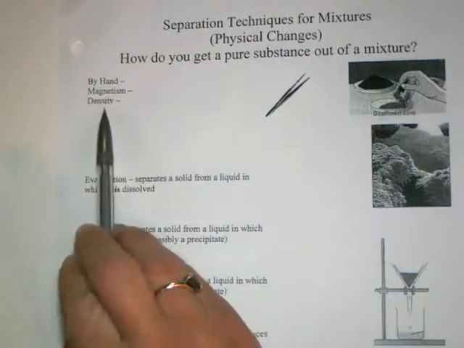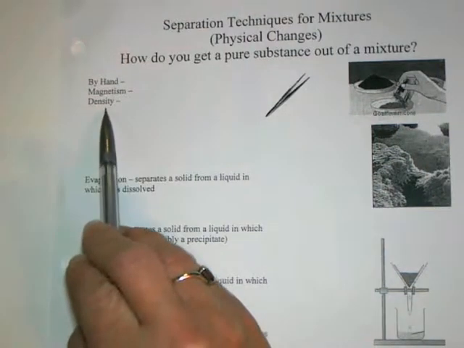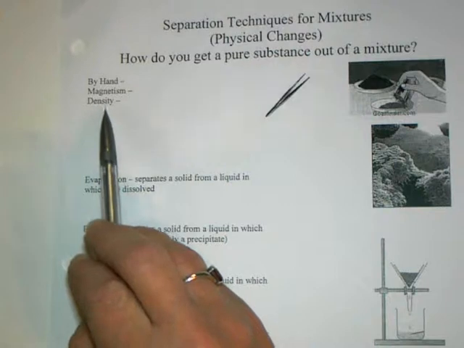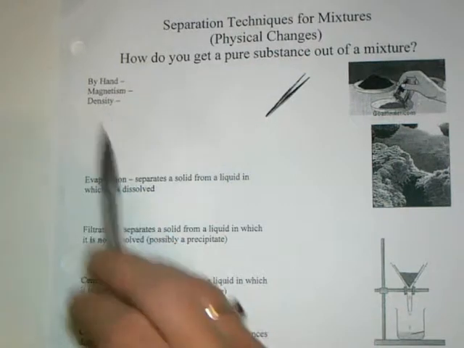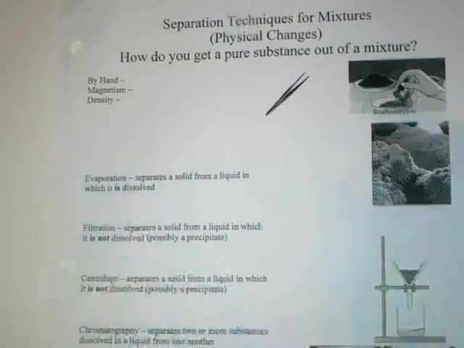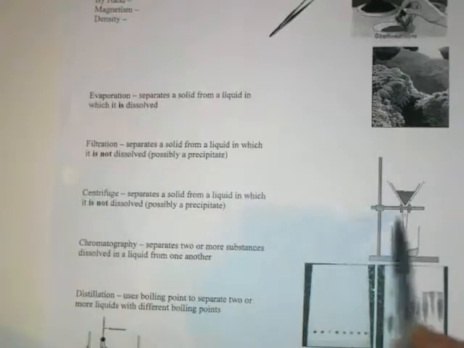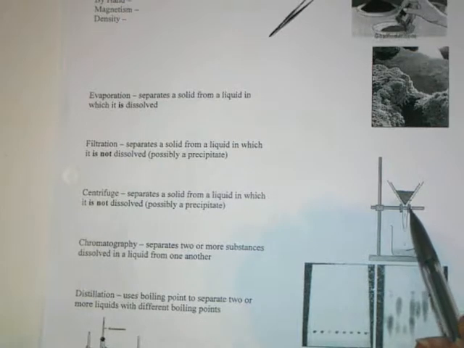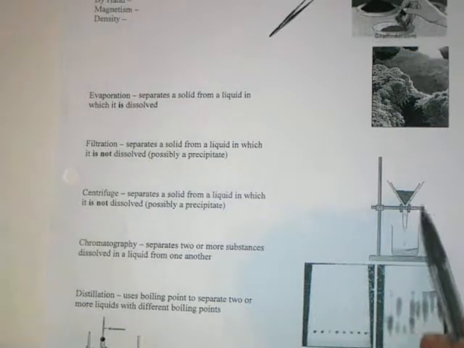You could utilize density to separate sand from water by allowing gravity to pull the sand crystals down. That's also separating based upon size, which would happen with a filter. We could separate a precipitate from a liquid, sand from water with a paper filter. You're separating based upon size.